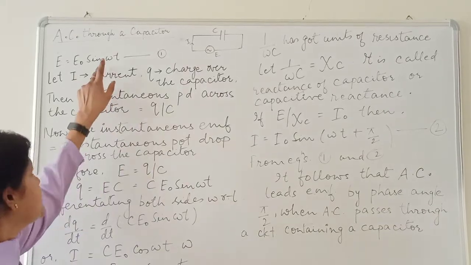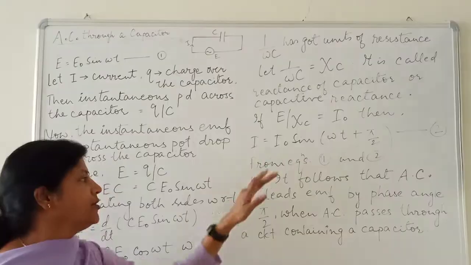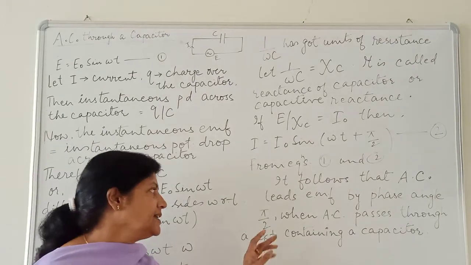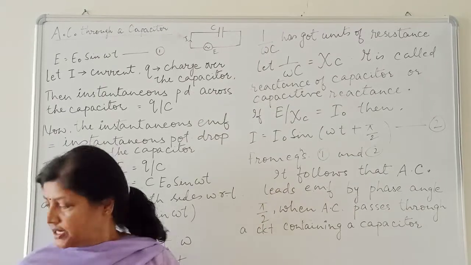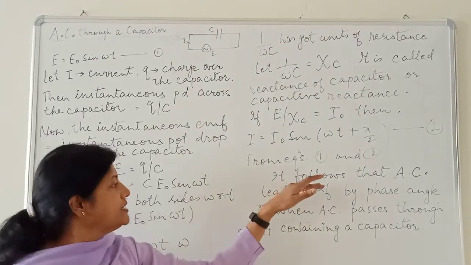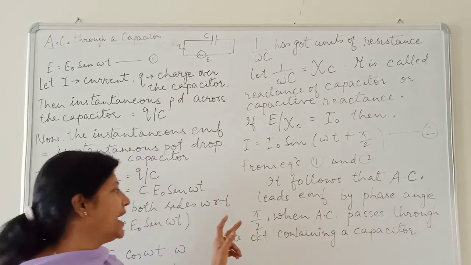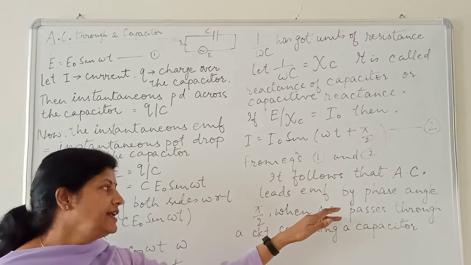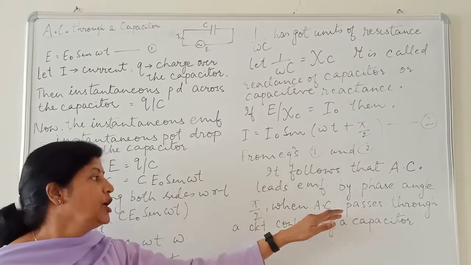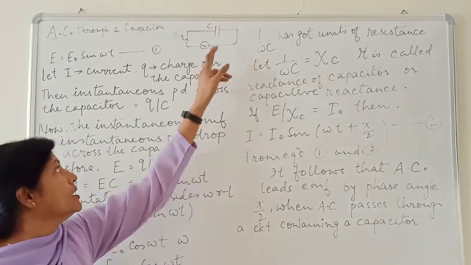From first equation and from second equation, it follows that alternating current leads EMF by phase angle pi by 2 when alternating current passes through a circuit containing a capacitor.